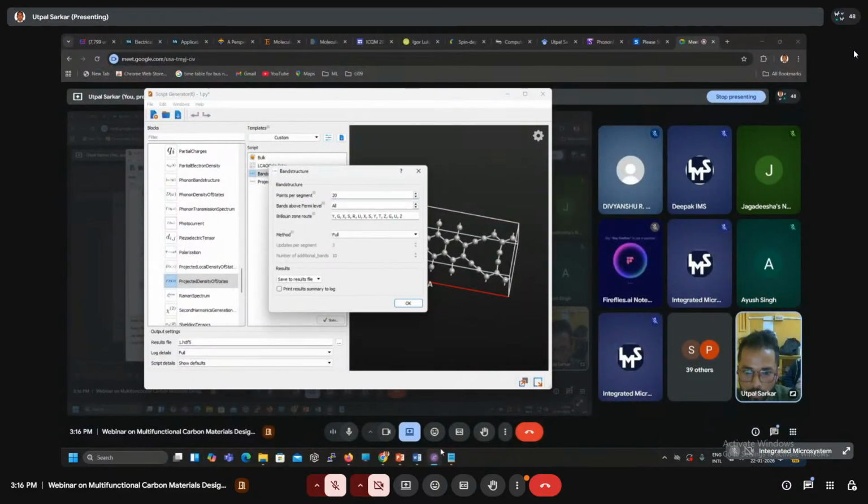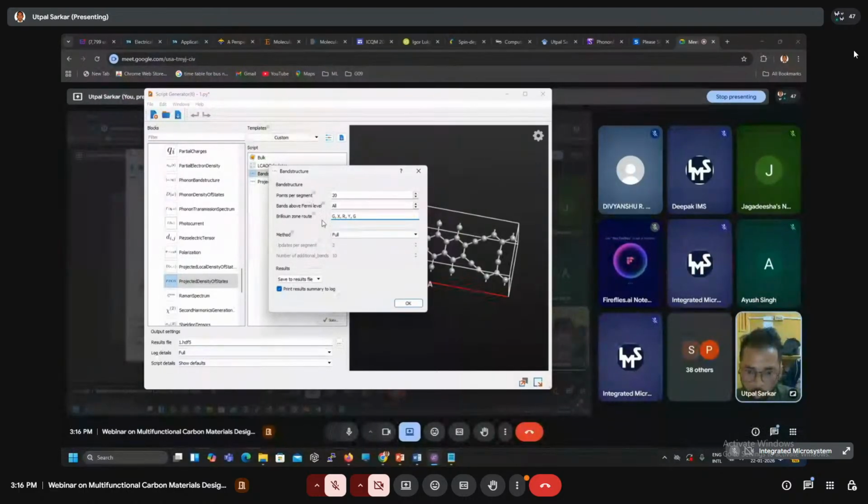And for the band structure, Y, Gamma, X are the high symmetry points. Suppose for the Naphthalene system, the high symmetry path is most probably Gamma, X, R, Y, Gamma.